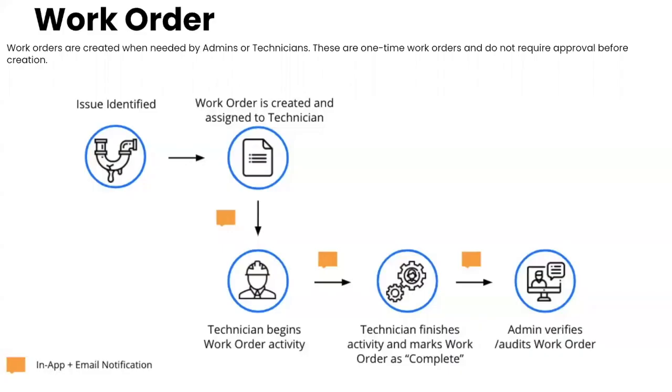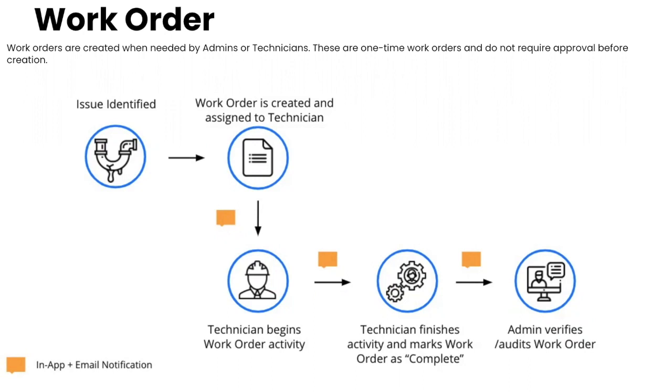Now let's head over to our work order tab. Now, work orders are either created by administrators or technicians, and they're usually created if they see something wrong with a piece of machinery on the floor or as they're walking through the factory or the office. And these are reactive work orders, or reactive situations, or considered one-time work orders, and do not require approval upon creation.